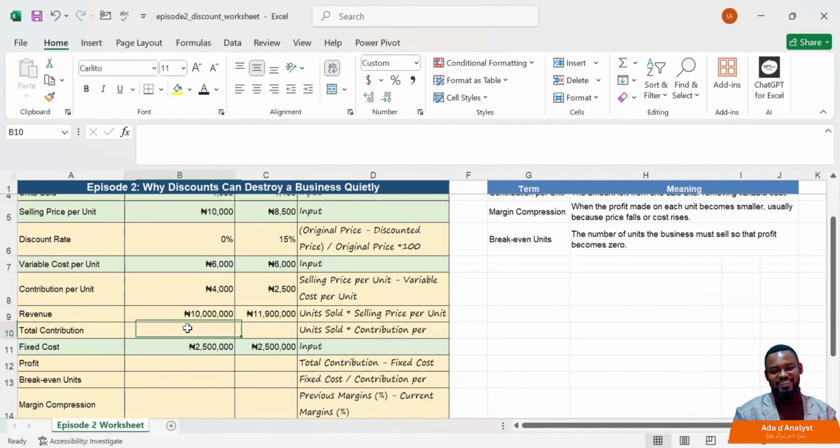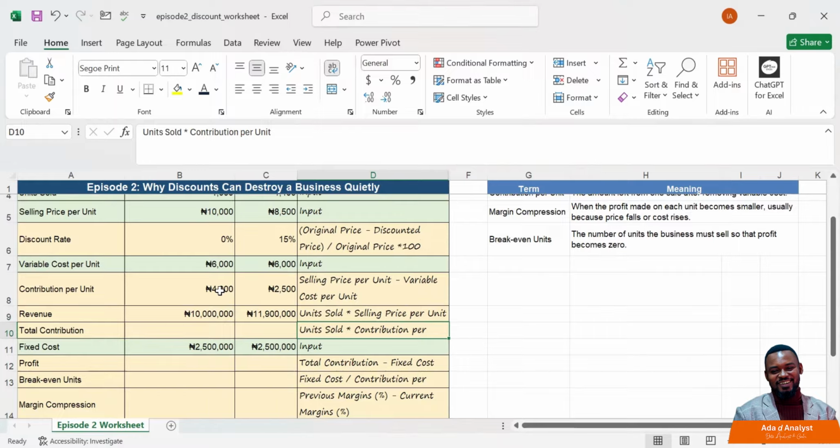So let us calculate our total contribution now. Our total contribution is units sold multiplied by contribution per unit. You remember how we calculated contribution per unit: selling price per unit minus variable cost per unit.